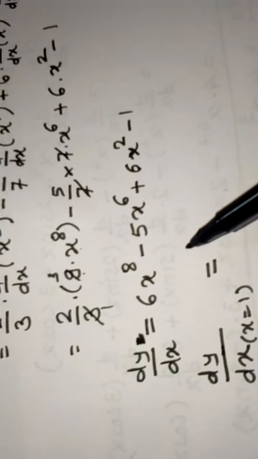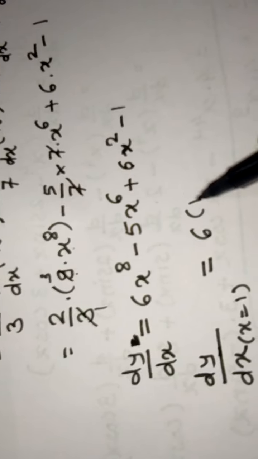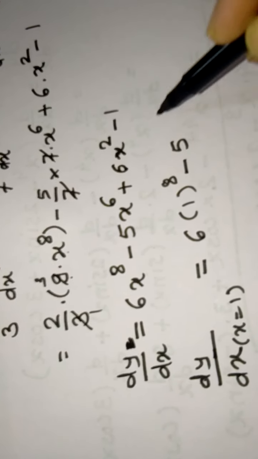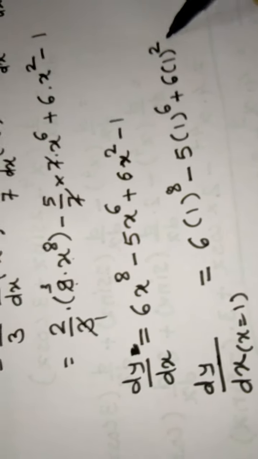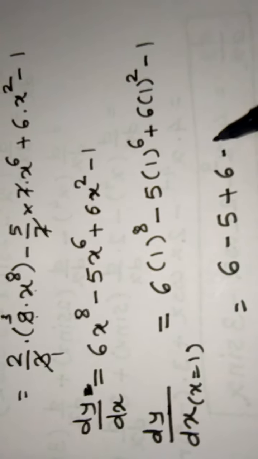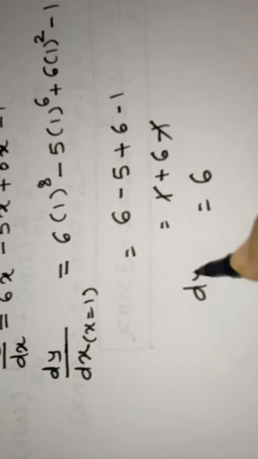Put the value of x as 1, that is 6 into 1 raised to 8 minus 5 into 1 raised to 6 plus 6 into 1 square minus 1, which is equal to 6 minus 5 plus 6 minus 1. 6 minus 5 is 1, plus 6 minus 1, it is equal to 6. Therefore dy by dx at x is equal to 1 is equal to 6.